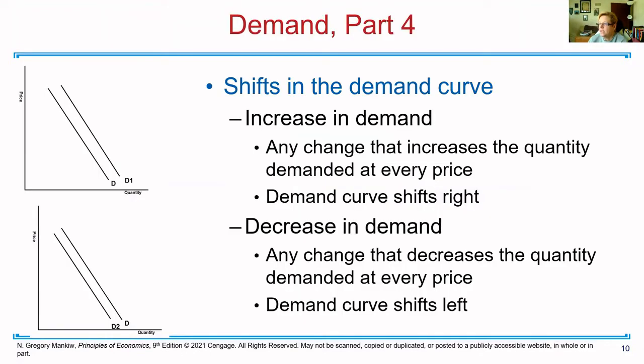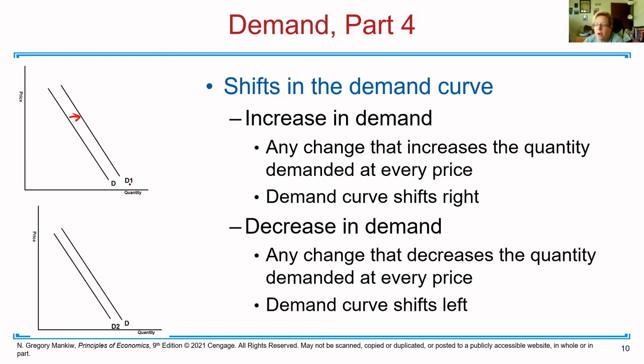Okay, so you learned in our introductory that the only thing that causes a change in the quantity demanded is price. Everything else causes a shift in the demand curve. So in the first panel, what we see here is an increase in demand. We start with D and it shifts to D1.